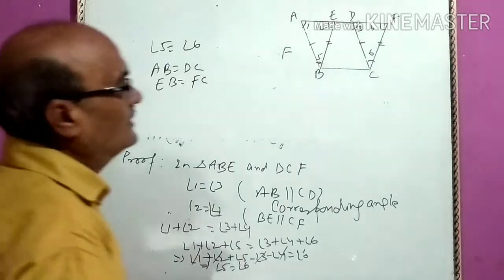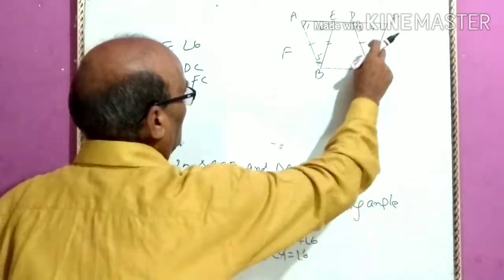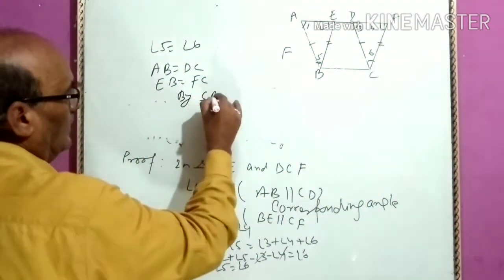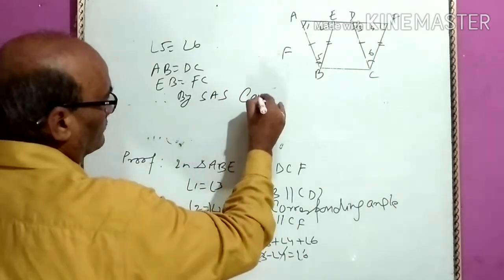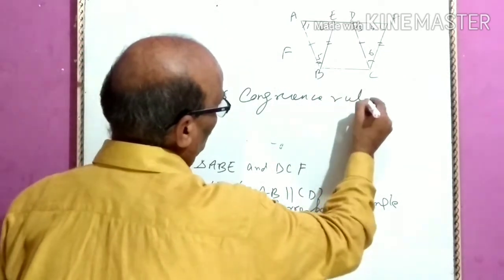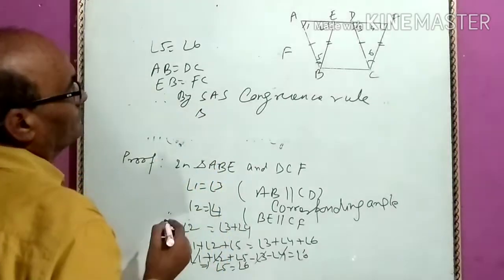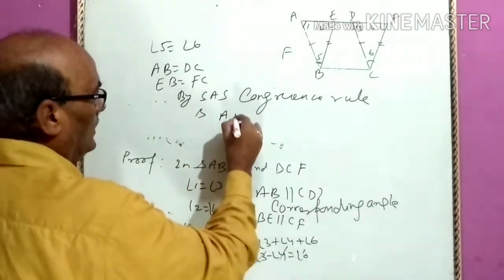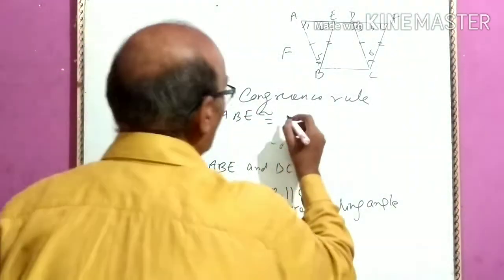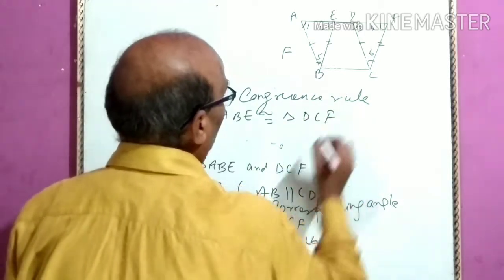So by the SAS congruence rule, triangle ABE is congruent to triangle DCF.